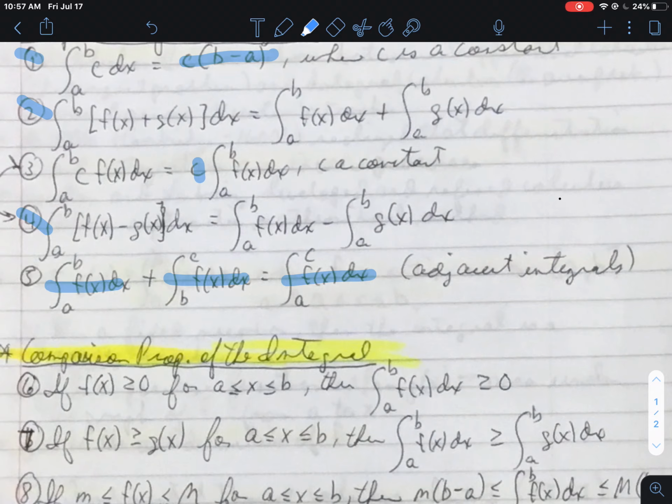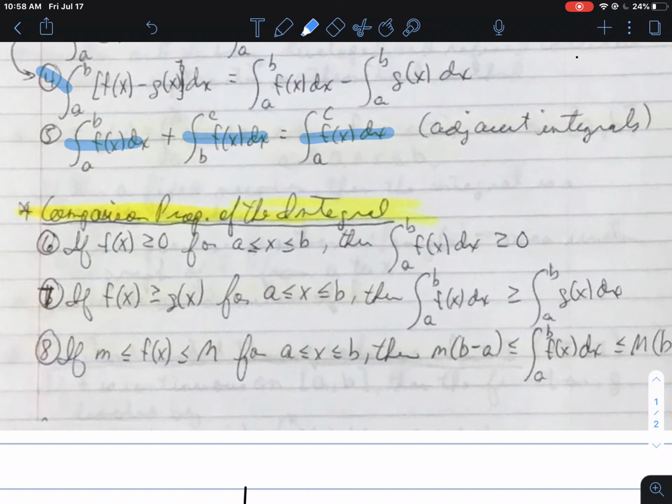But what we would have to do is break the integral up at that point of discontinuity, right? And there are other reasons we would do that, as we will see going forward. So this is something I'll mention to you: adjacent integrals, mainly from the aspect of taking an integral and breaking it into smaller integrals. There'll be reasons that we do that.